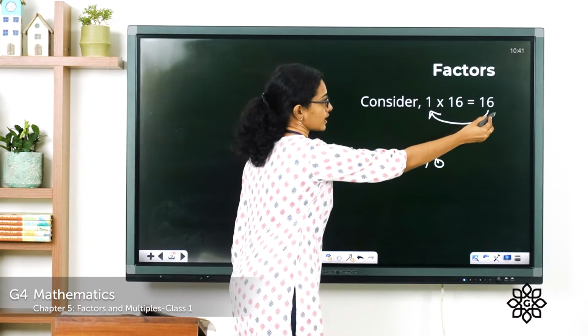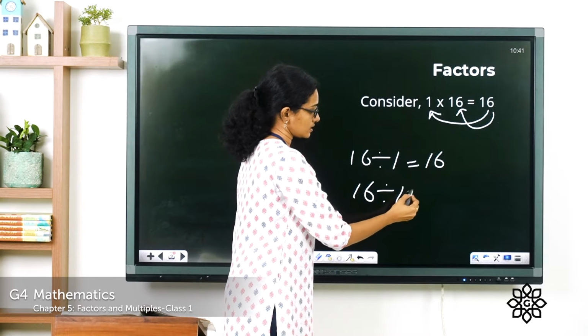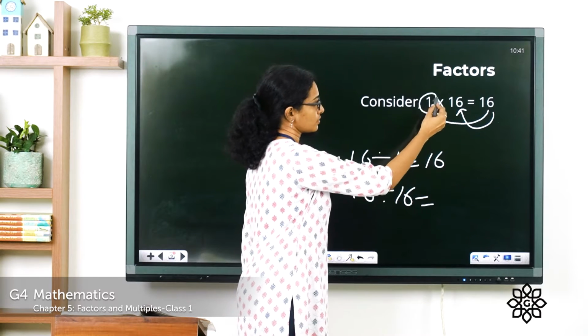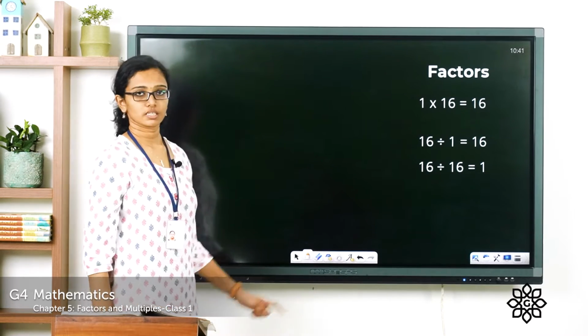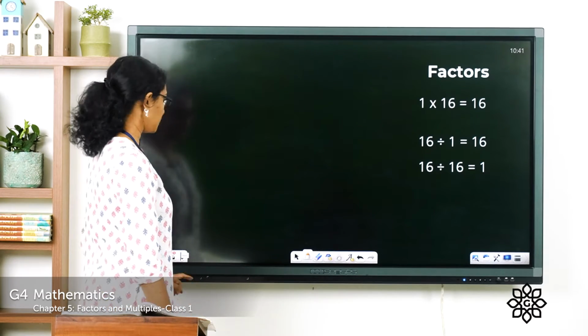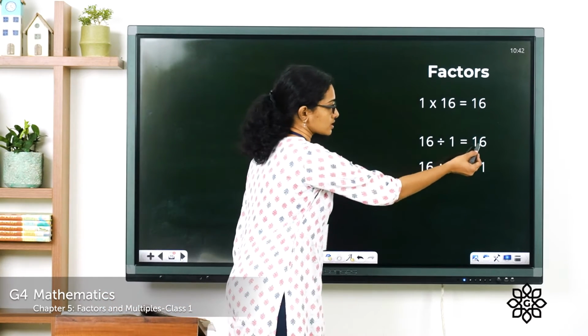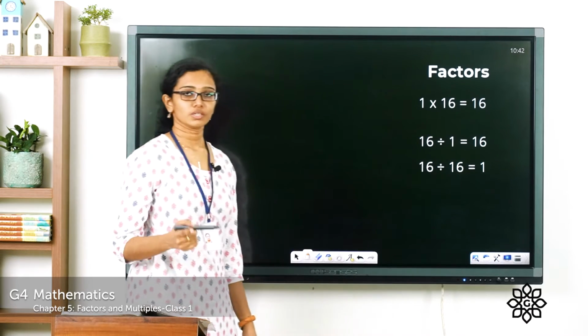And we can also write 16 divided by 16, and it should give 1, right? So the 2 division facts are 16 divided by 1 is equal to 16 and 16 divided by 16 is equal to 1. Why? Because 16 into 1 is equal to 16 and 1 into 16 is equal to 16.